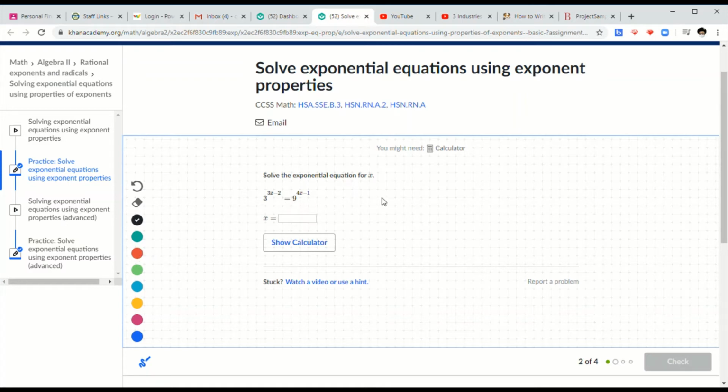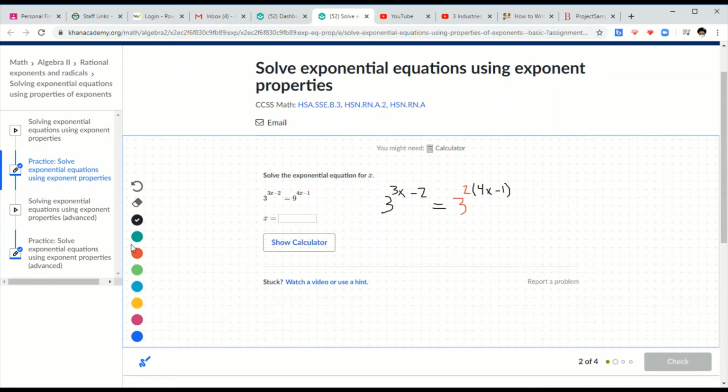So let's change this up: 3 squared, and what remains is that 4x minus 1 from the original problem. The only thing I've changed was the 9 is now 3 squared.